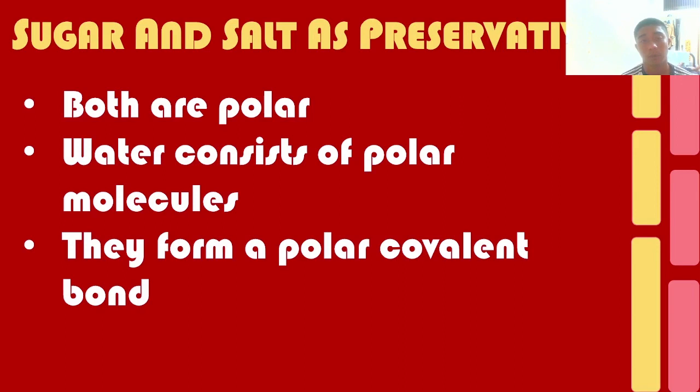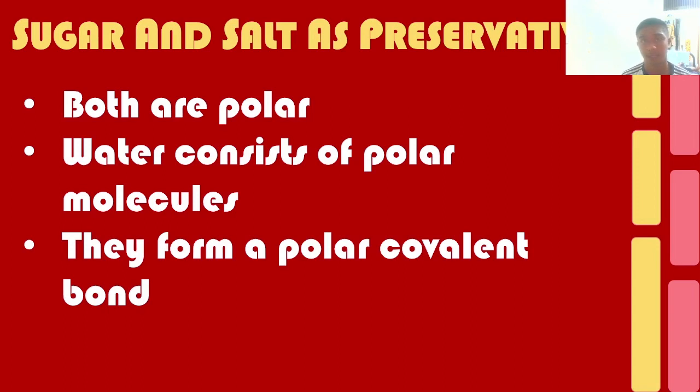Okay, so what is a polar substance? For example, salt. Salt stands for NaCl, where Na is positively charged and Cl is negatively charged.